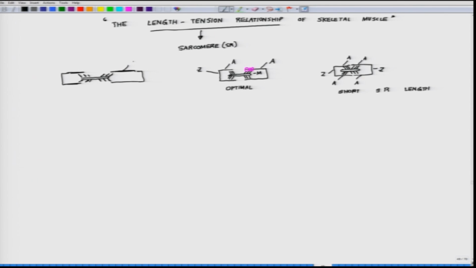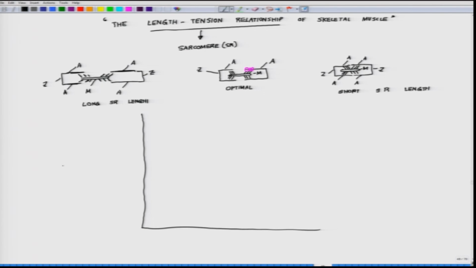So, here you have the actins, here you have the Z line, and here you have the myosin. This is when we have a long sarcomere length.